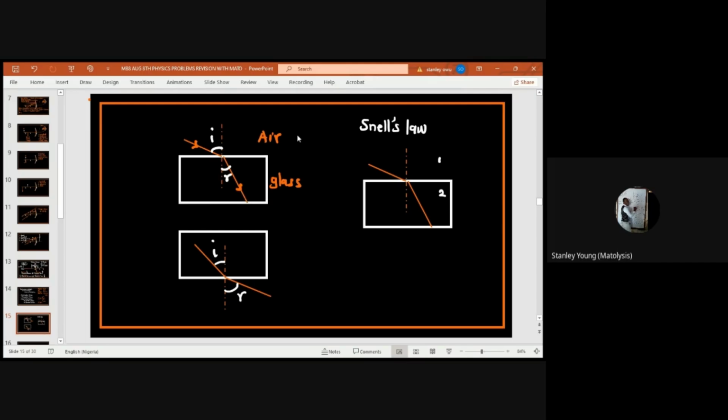Air has an absolute refractive index of 1, and glass has an absolute refractive index of approximately 1.5.